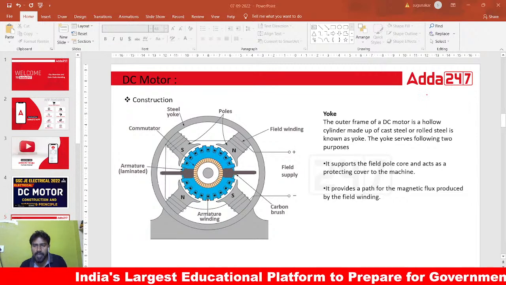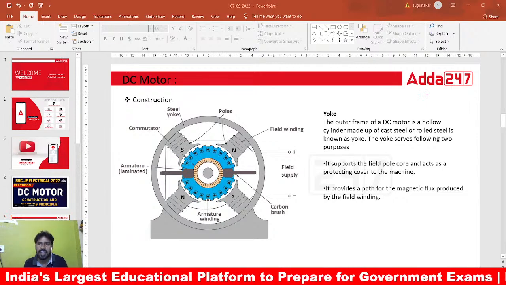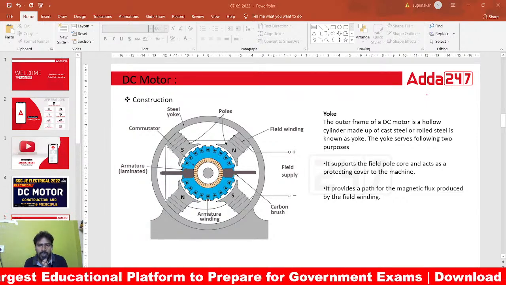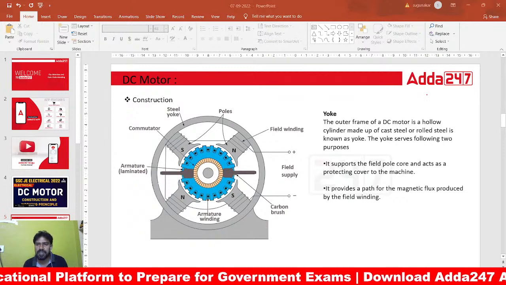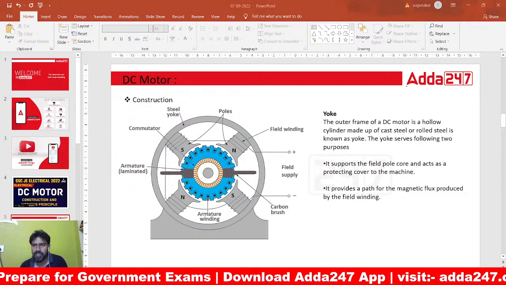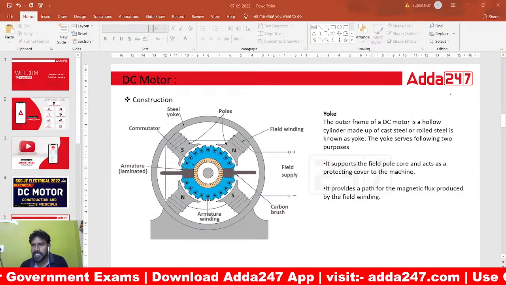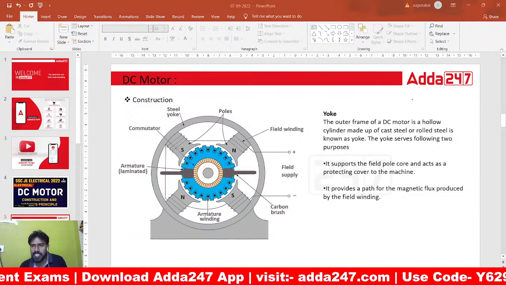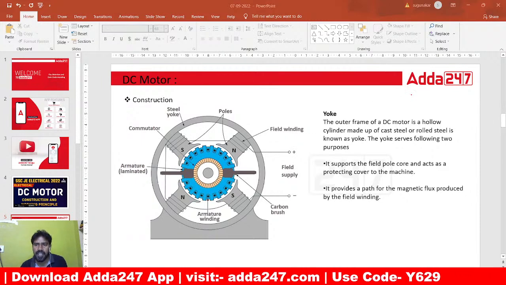The yoke of the DC motor is made up of what? They will give some random options, so you can select the correct one and observe whether these two are in the options or not.